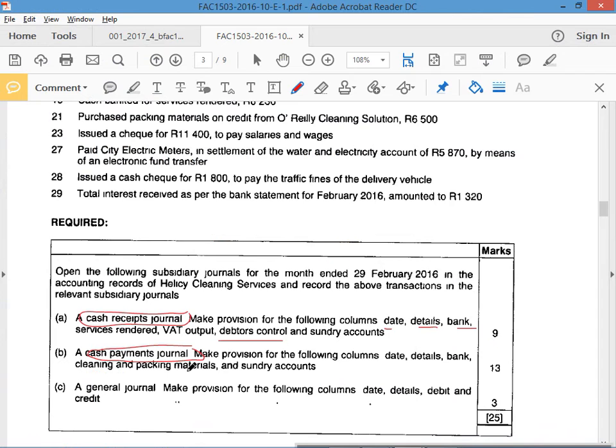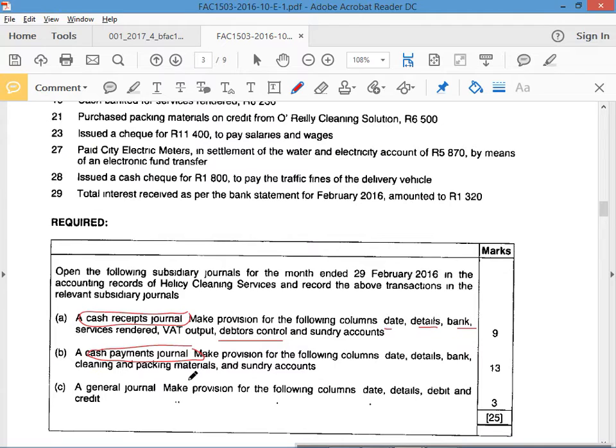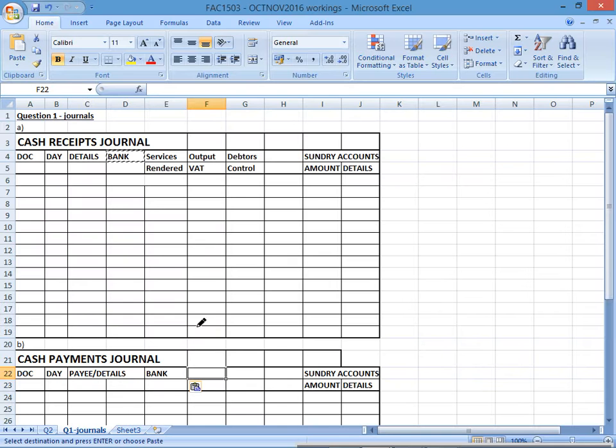Let's look at the cash payments. What do they want here? Date, details, bank, cleaning and packing materials. Okay, so bank here. And then is cleaning and packing one account or separate? It looks like one account. Or maybe separate. Cleaning and packing materials. Okay, it's worded strangely. Maybe they want us to group it, maybe they want us to keep it separate.